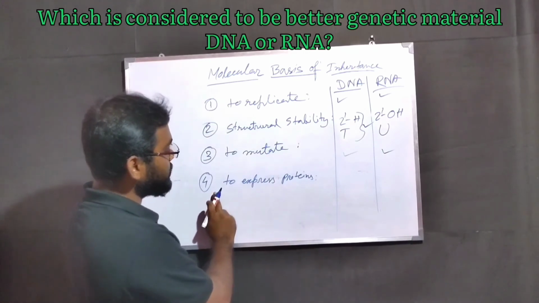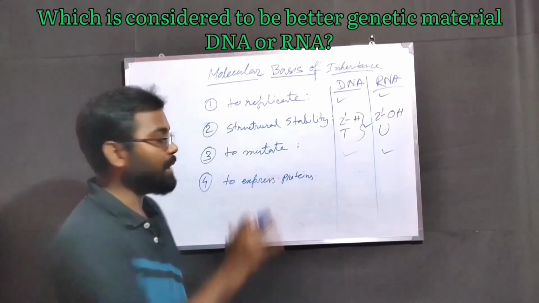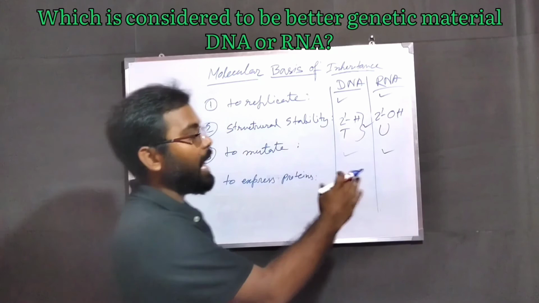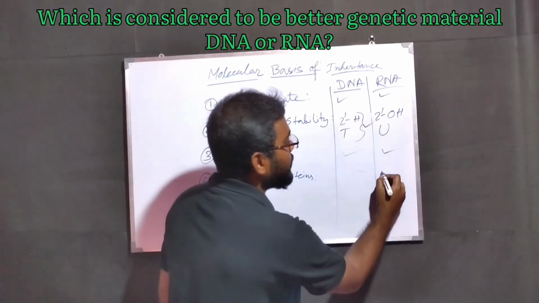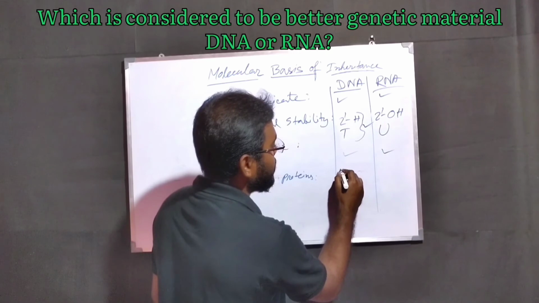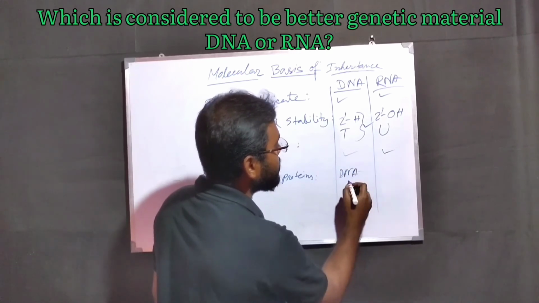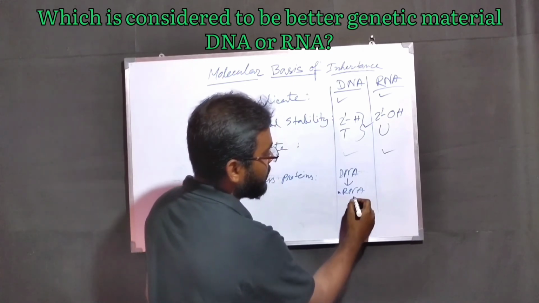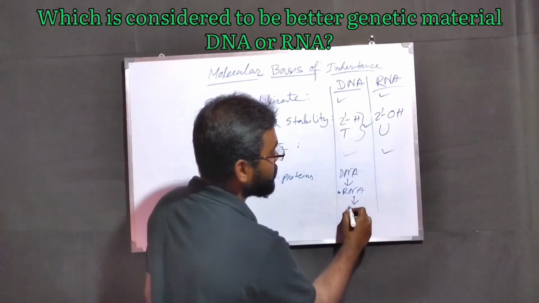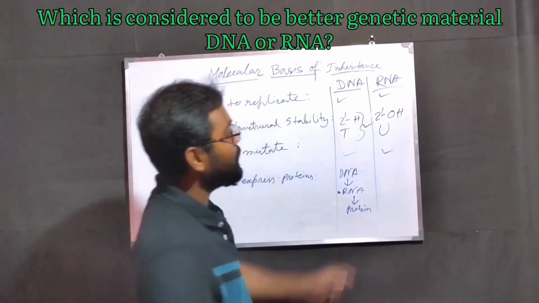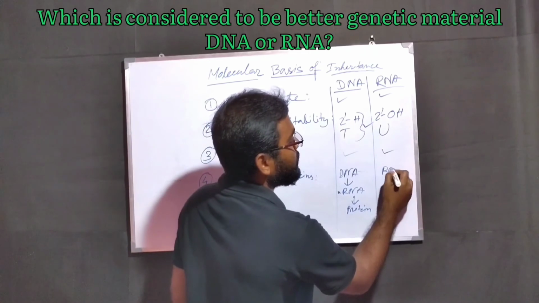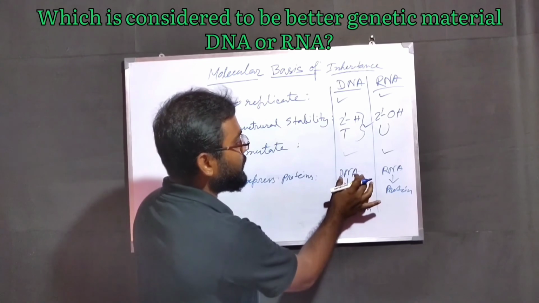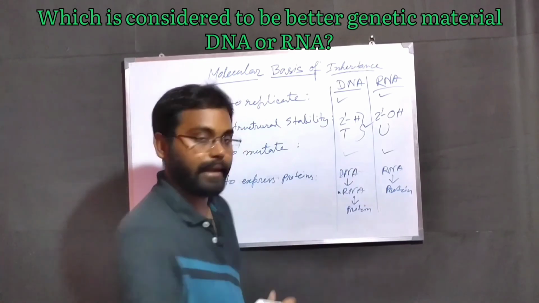Number 4 criterion is the ability to express proteins. Both DNA and RNA can express protein, but DNA has to synthesize RNA at first, that is mRNA, and then this mRNA will produce protein. But RNA can directly synthesize proteins. For DNA, it has to depend on RNA.